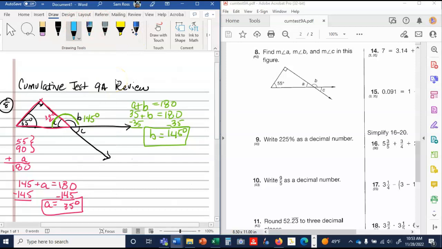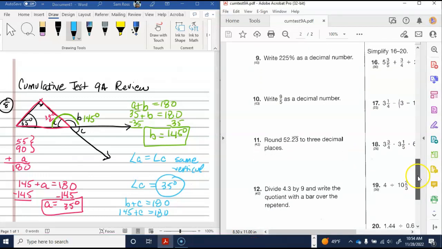Next color. Now I know that angle A and angle C are the same. They're what we call vertical angles. So that means that angle C is equal to 35 as well. Or you can say, all right, I know that B plus C is equal to 180, and B is 145, plus C is 180, and if you subtract, you're going to get 35. Let me know if you have questions about that one.